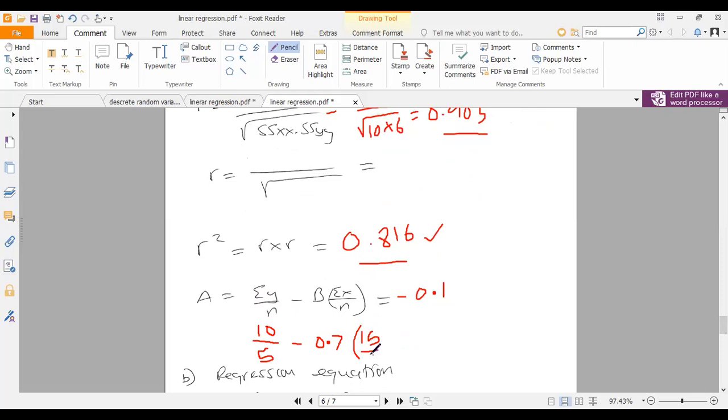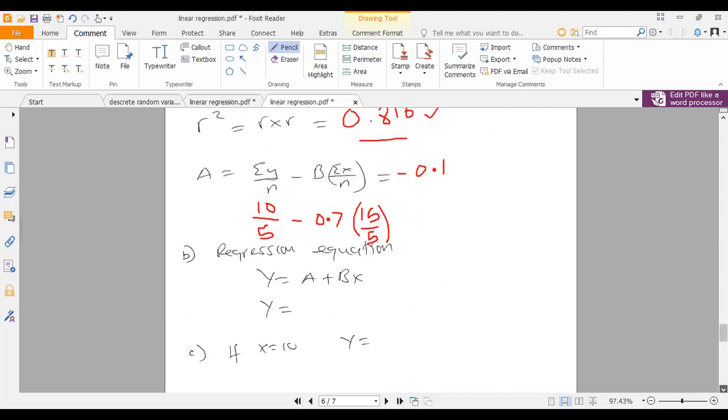So it will be 2 minus 2.1, which gives us negative 0.1. So now we substitute in the regression equation. We found our a as negative 0.1, so where there's a, we put negative 0.1. B we found as 0.7, so where there's b, you just put 0.7. That's all. Then you leave x and y because it's an equation.